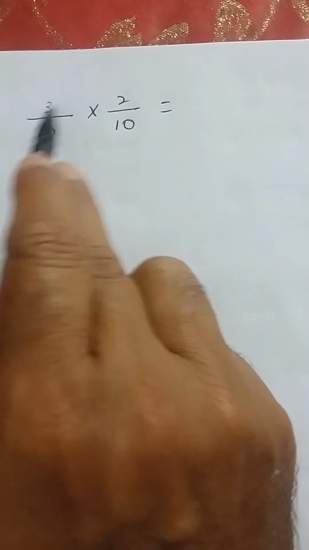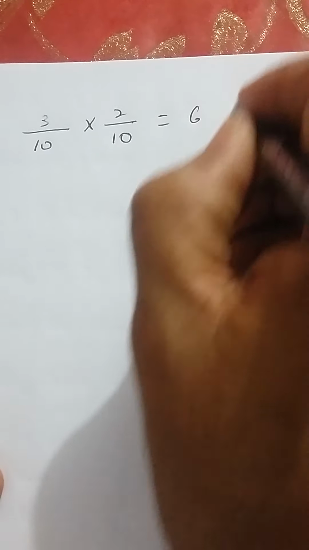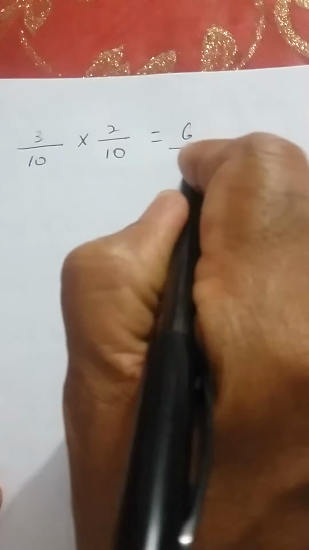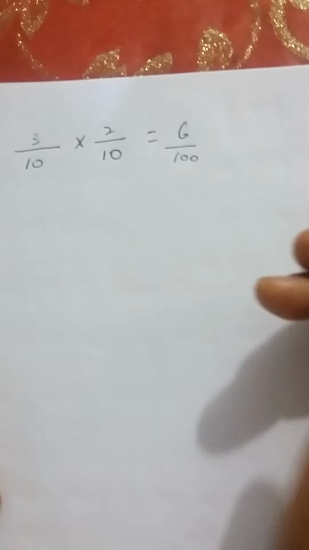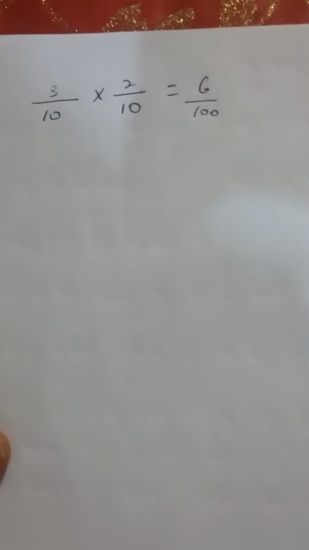So 3 times 2 will give you 6, and 10 times 10 will give you 100. Remind yourself that 3 tenths times 2 tenths will give us 6 hundredths.